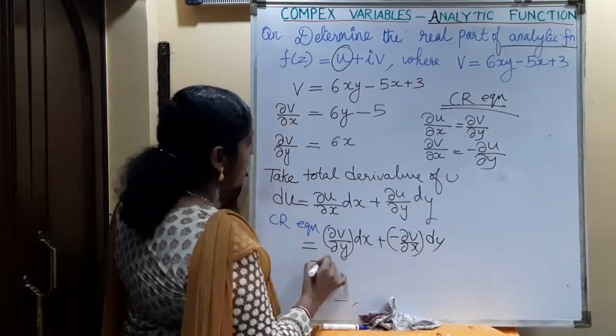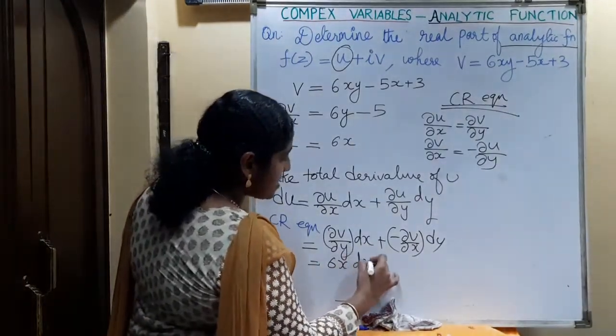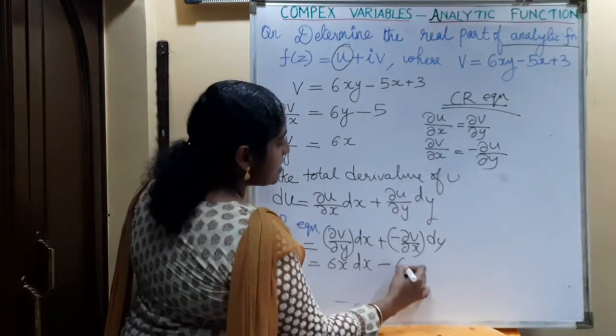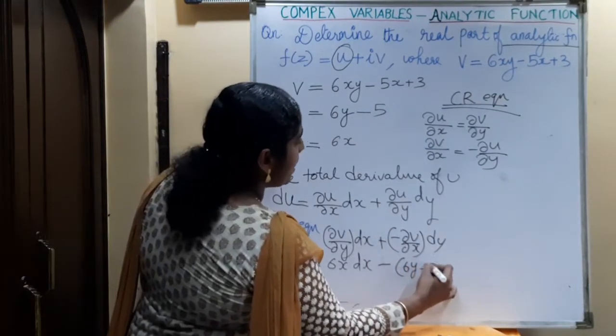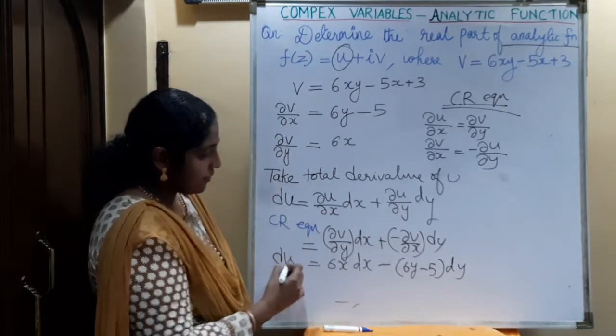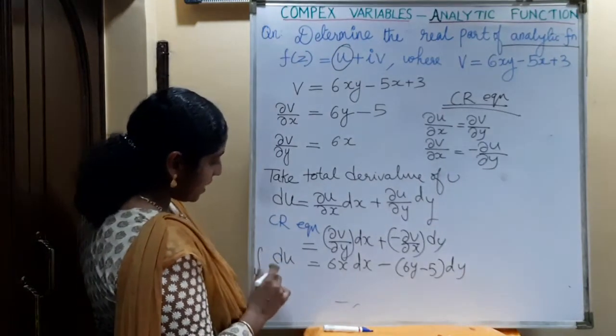Now we can substitute here. Dou v by dou y is 6x, so 6x dx, minus dou v by dou x, that is minus 6y minus 5, into dy. What do we have to do now? We take the integration of this. So if we are integrating this, what are we getting?